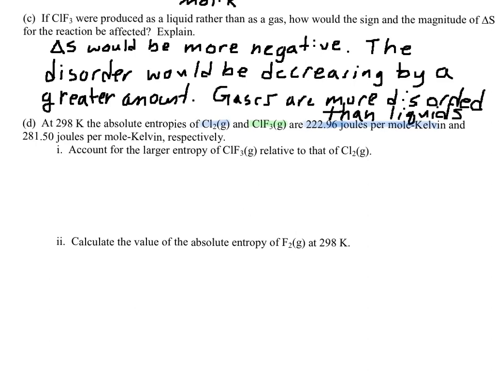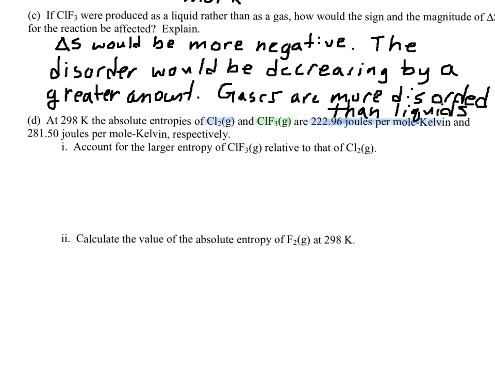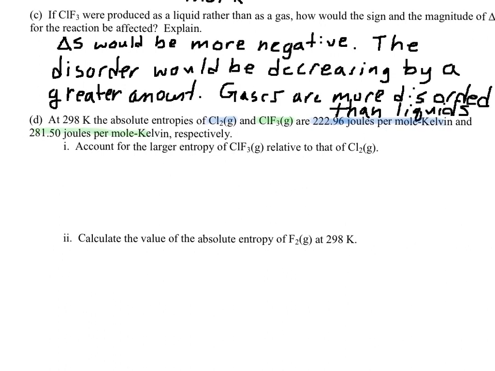So ClF3 has a larger entropy than Cl2, and number 1 here wants us to say why that is. Well, ClF3 has more atoms. It also has a larger molar mass. Because of that, since it has more atoms and more molar mass, it is going to have a greater number of microstates. Therefore, it is going to have a greater amount of entropy.